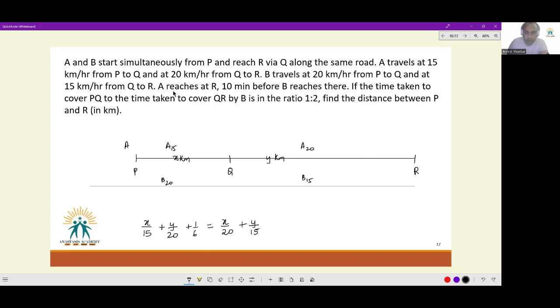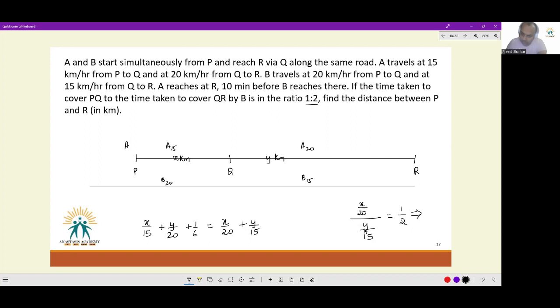If the time taken to cover PQ to the time taken to cover QR by B is in the ratio 1:2. So time taken to cover PQ is x by 20, and time taken to cover QR is y by 15. This is told to us as 1/2, which gives us a beautiful ratio between x and y straight away.